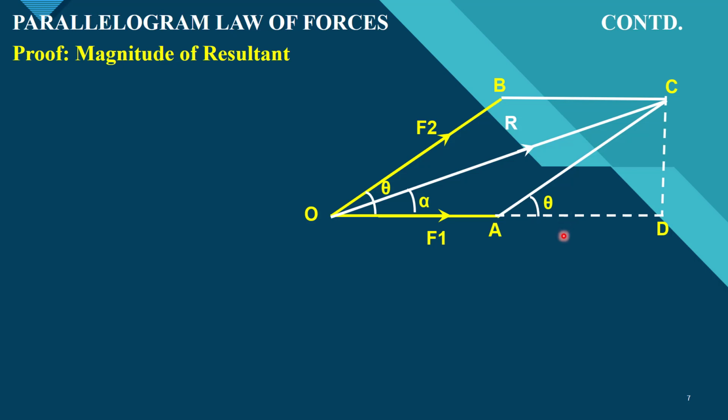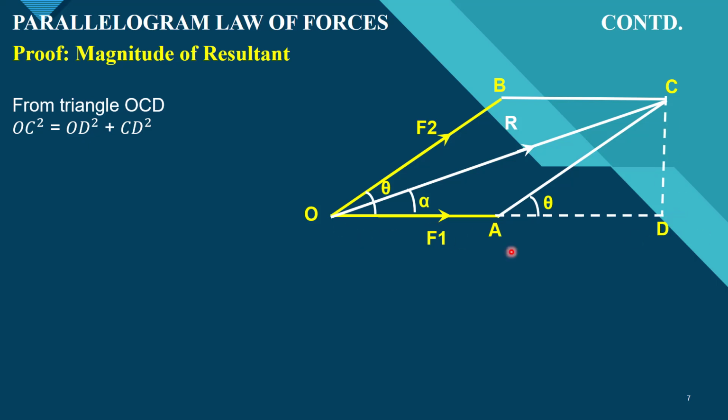So let us take the first triangle OCD. From this triangle, I need to find out OC. This is a right angle triangle, right? OCD is a right angle triangle. So using Pythagoras theorem, we can say OC square is equal to OD square plus CD square.